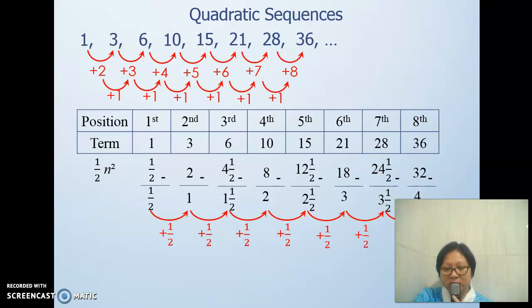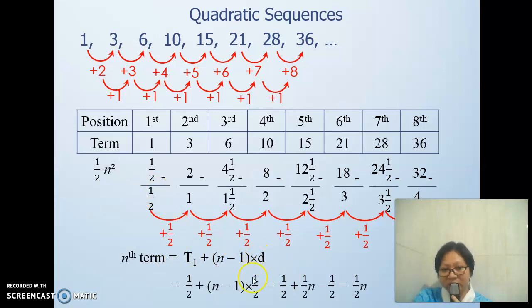Since this is a sequence inside a sequence, we need to find the nth term of the sequence inside here. So we use the nth term for the arithmetic sequence here: the first term plus the multiple of d. The first term is half, the difference is half.